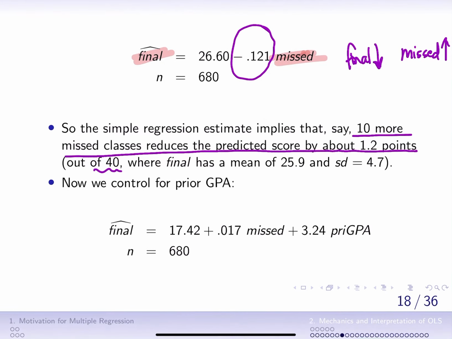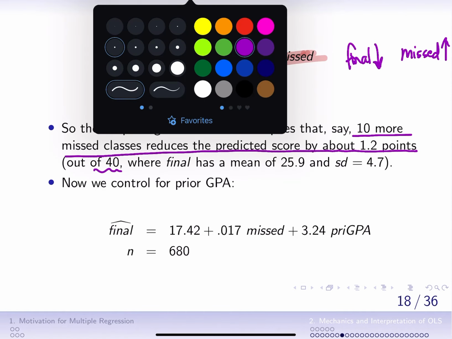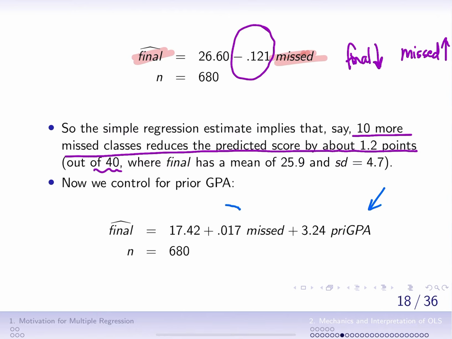But when we introduce prior GPA, then we find that this coefficient is actually positive. So maybe we were not capturing, even though this seems intuitive, that if you miss more lectures, your final exam score might drop. This may not be something that should explain all the variation in the final score.